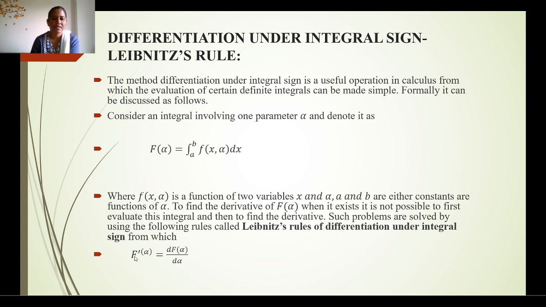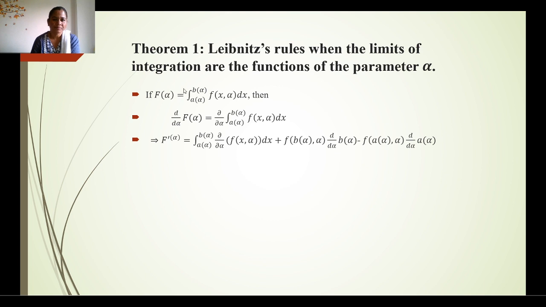This can be represented as f dash of alpha. Differentiation under the integral sign: f of alpha is there, and on differentiation it will become f dash of alpha, which is equal to d f of alpha by d alpha. Theorem 1, Leibniz rule when the limits of integration are functions of the parameter alpha.